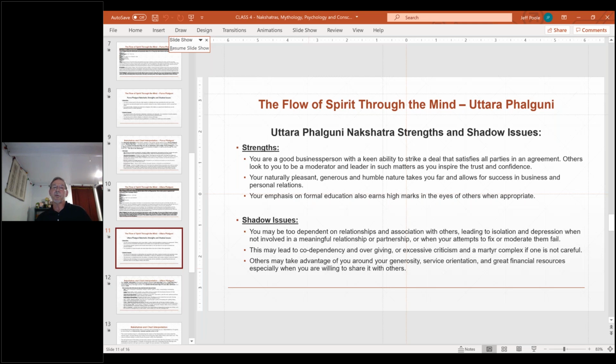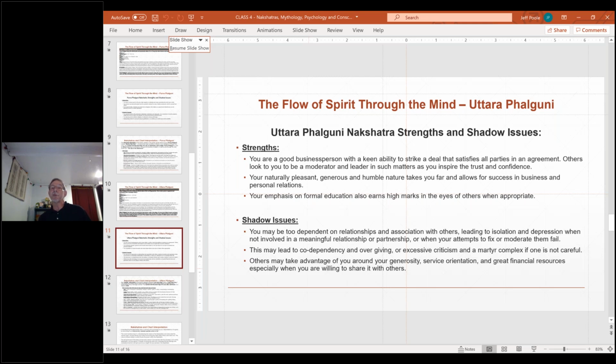They see that in you. The second thing is that you're naturally pleasant and generous. You have a humble nature that takes you far, and it allows for success in business and in all your personal relationships. Your emphasis on formal education also earns high marks in the eyes of others when appropriate.